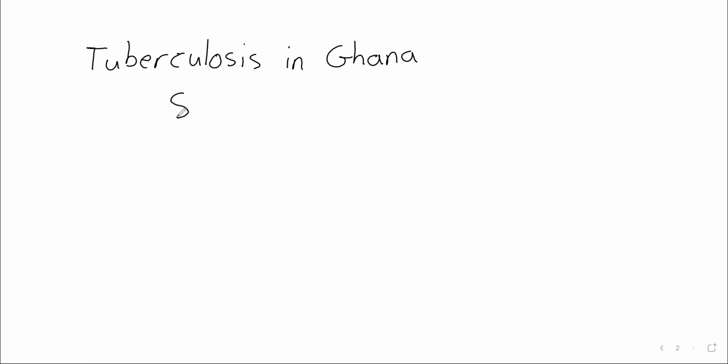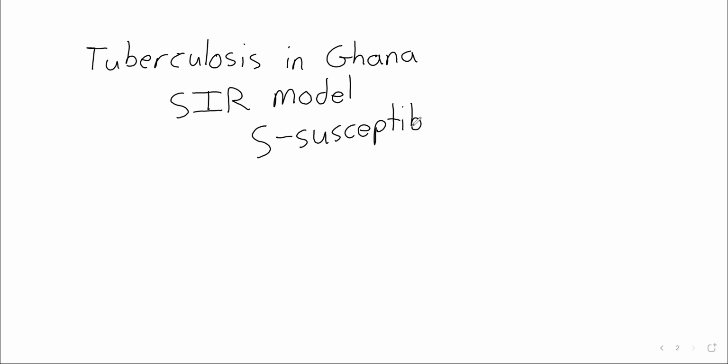And in particular, this was studied using the famous SIR model, where people can be susceptible to the disease, or they can be infective or infected.